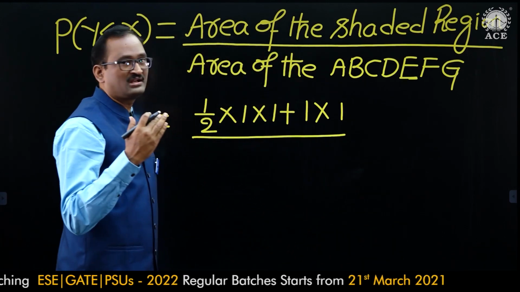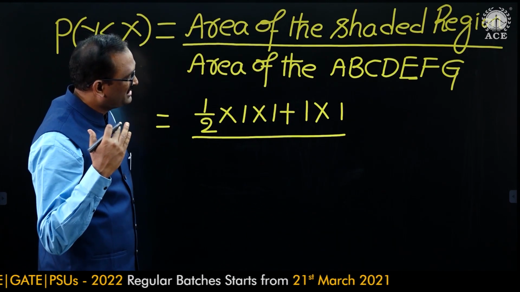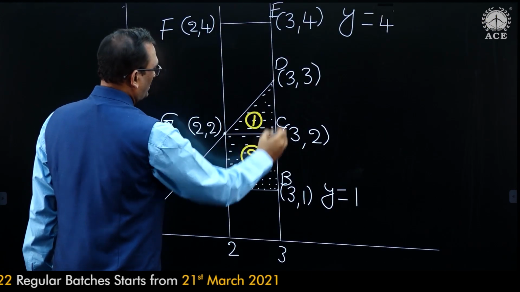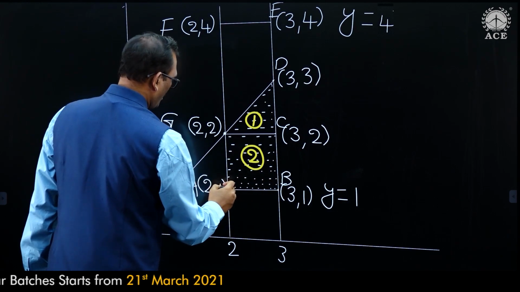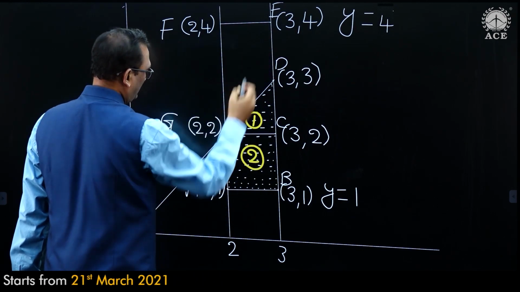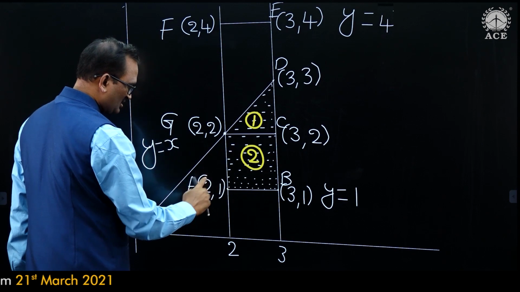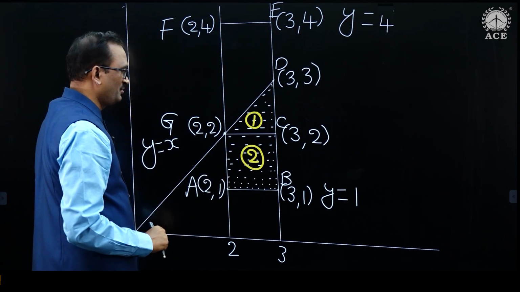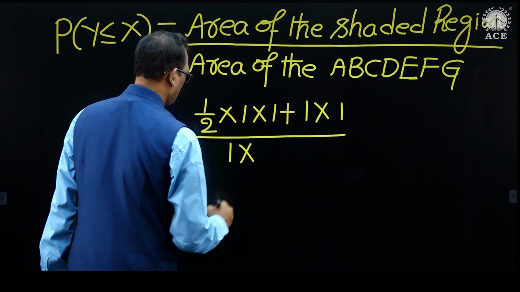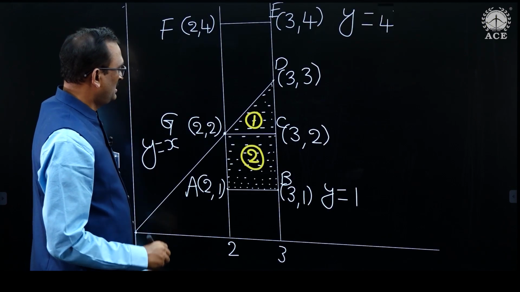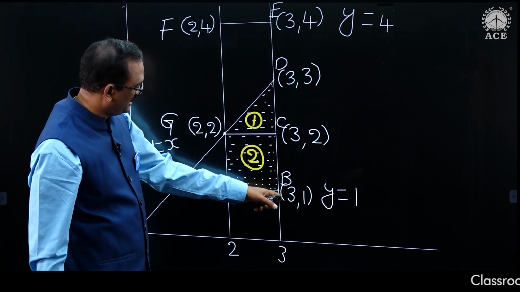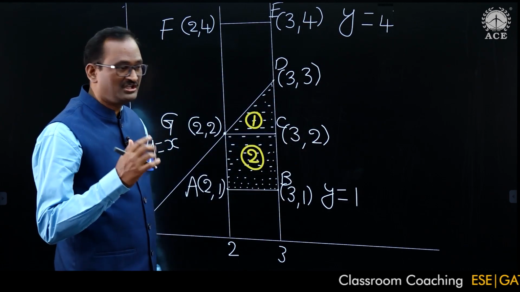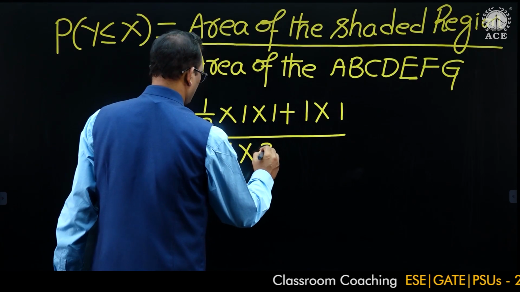Divided by the denominator, the area of the whole rectangle ABCDEFG, that is side into side. Side AB is 1 unit only. The other side BE is the distance from 3, 1 to 3, 4. That is 3 units.